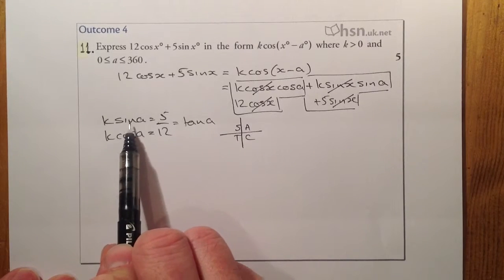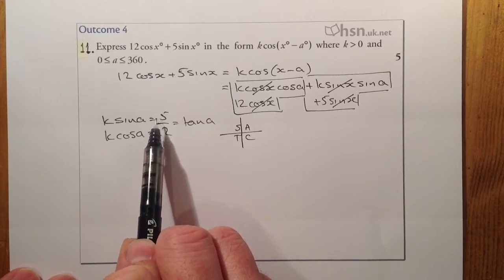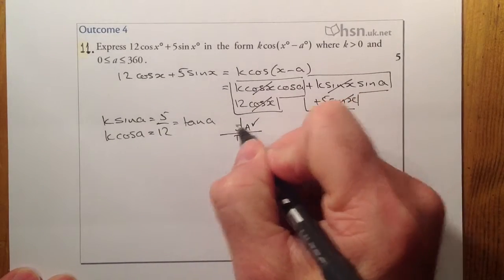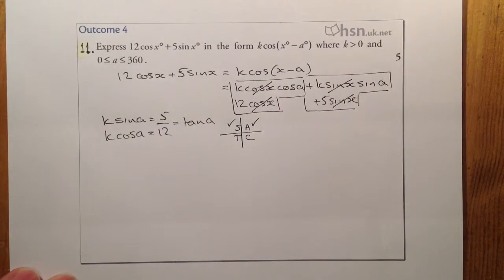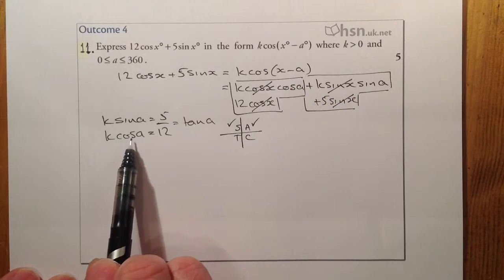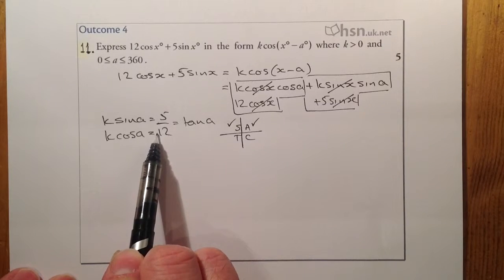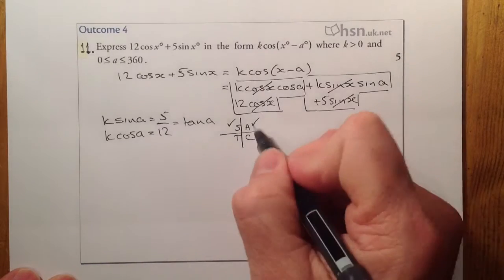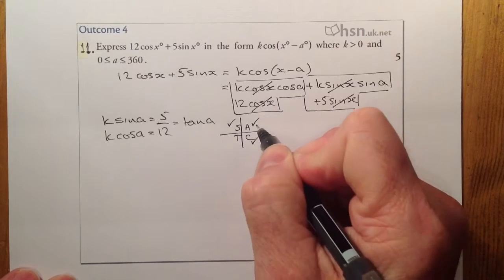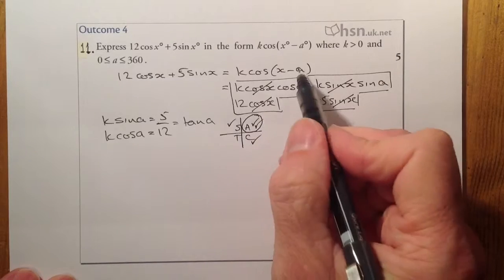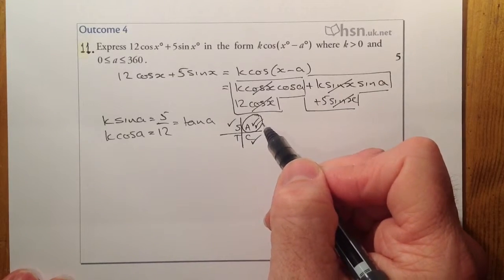So here I've got sine a is equal to a positive 5. So if that's positive, I'm going to tick where sine is positive. So there's two areas there. When I look at this part here, I'm looking at the cosine being positive as well. So if the cosine's positive, I'll tick where the cosine's positive. Positive there, positive there. Where I've got the two ticks, that's where my angle is going to lie, and that's the solution that I'm going to find.